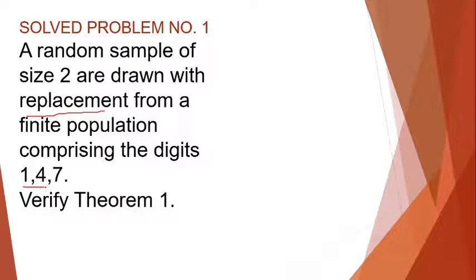Before that, can we first determine the number of populations and the number of samples? It is easy to indicate the number of samples since it is from the word sample itself, which is 2. And the population? It is 3.